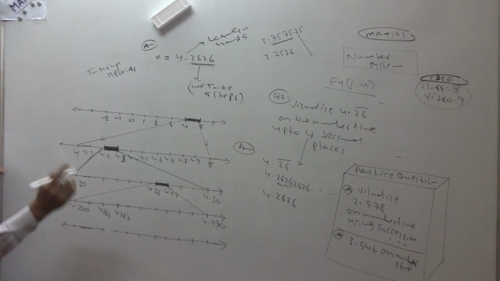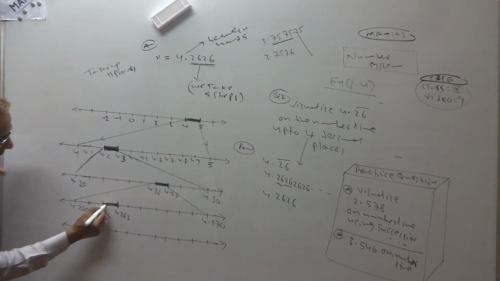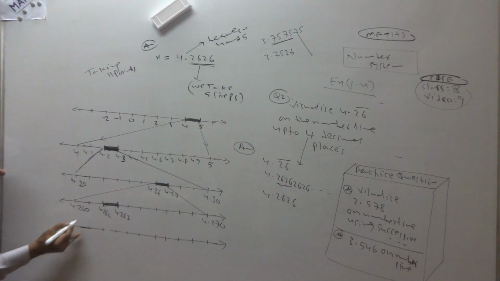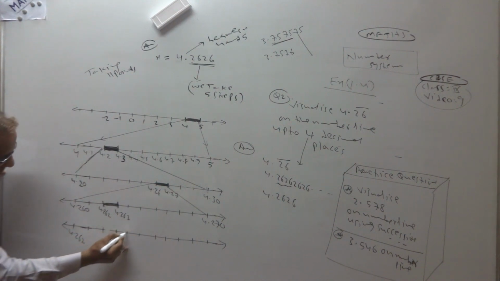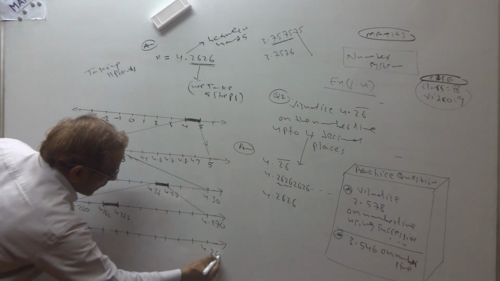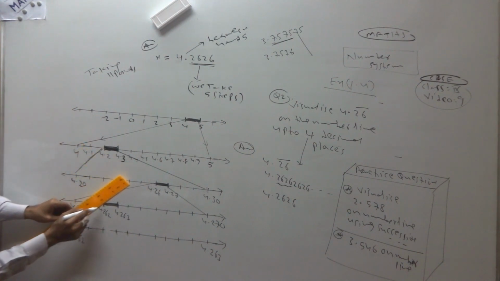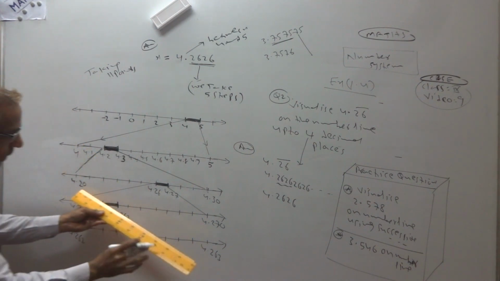We don't want the other numbers to mark. Now highlight this. Clear? Now 4.262 here, 4.263 here. Mark this and mark this.